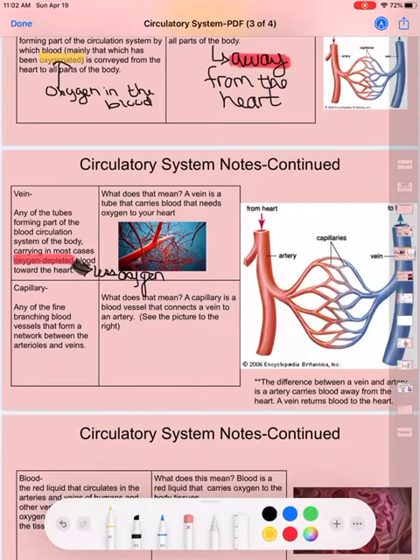So what does this actually mean? A vein is a tube that carries blood that needs oxygen to your heart. So a vein carries the blood back to your heart.